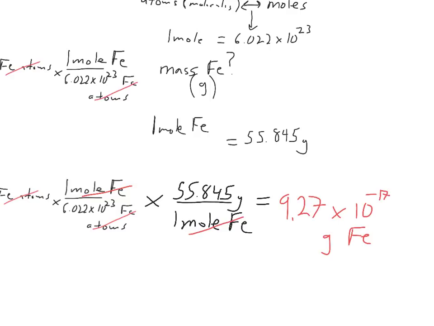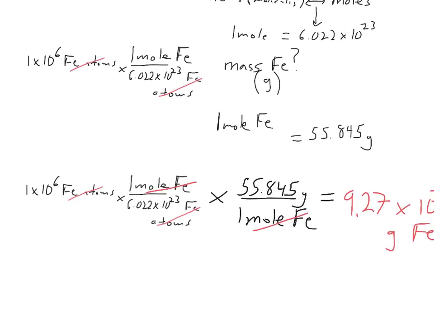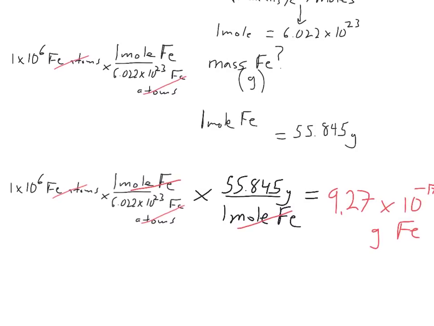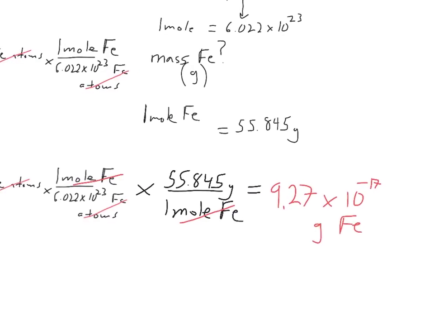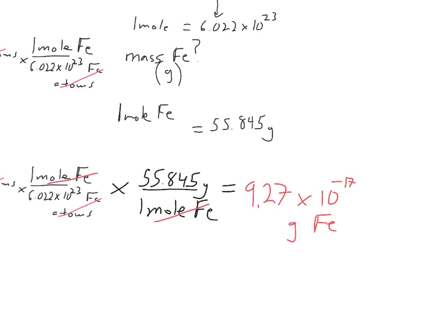Now sig figs here, we just have one significant figure, technically speaking, so this would round to 9 times 10 to the negative 17 grams of iron if you're going to be particular about significant figures.